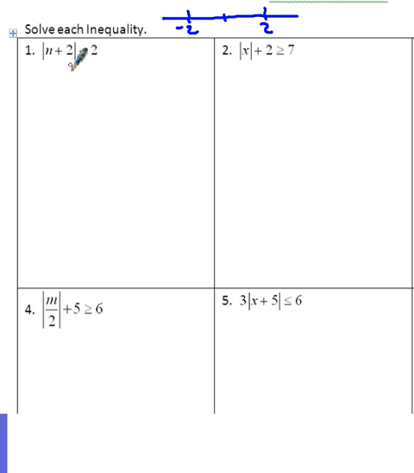And you may remember from class or from previous years, absolute value means that the expression inside the absolute value, n plus 2, is less than 2 units away from 0. So I've drawn it here for you.